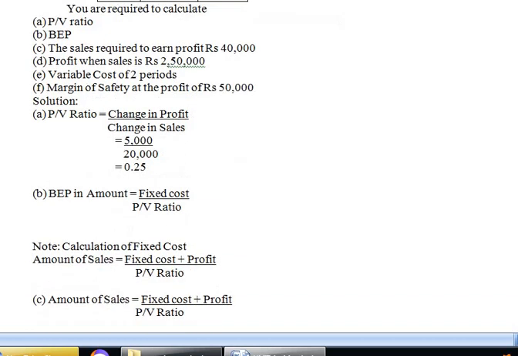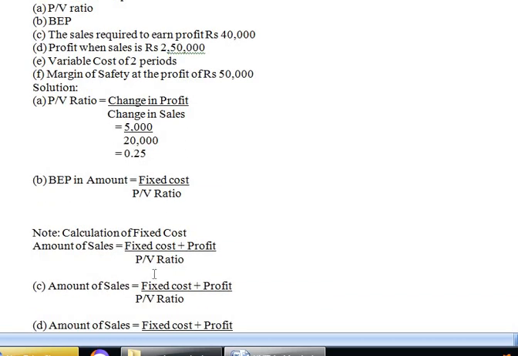Any of the years you can take to find out fixed cost. Now we will take 2018.